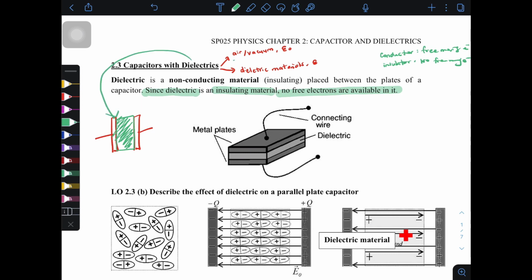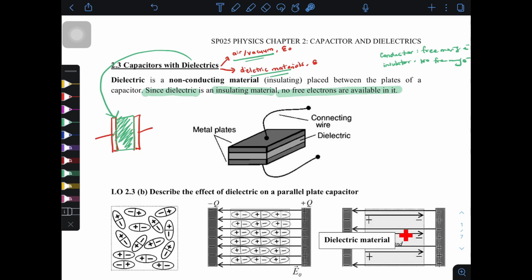Tengah ni boleh jadi is either air ataupun vacuum sahaja, dan boleh juga jadi dielectric materials. Kalau kamu tengok, the metal plates ada atas dan bawah ini, yang kepitkan dielectric materials, is a capacitor. Yang tengah ini ialah dielectric materials.